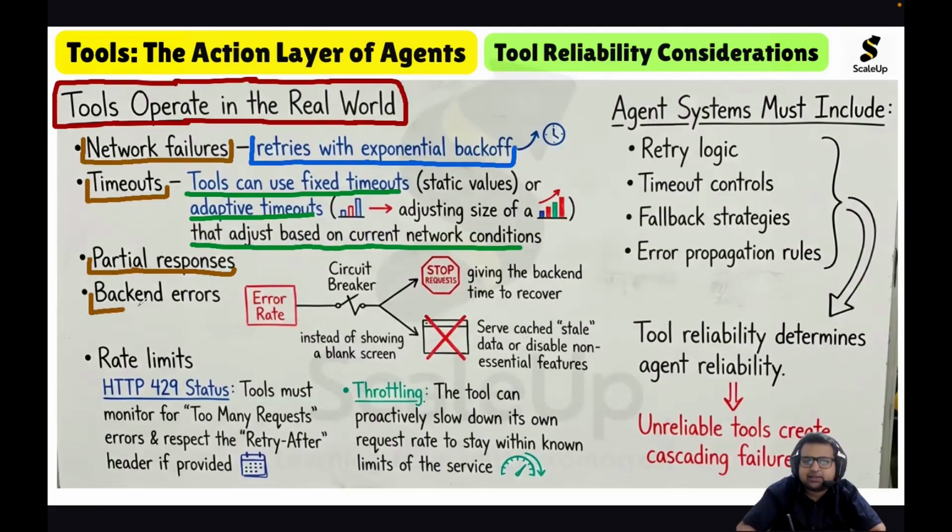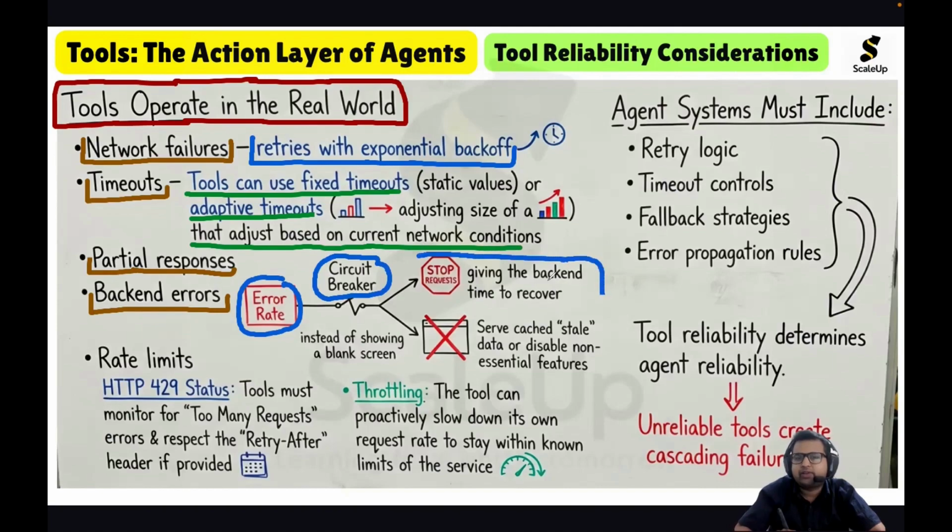Backend errors. Any error in the backend, like the APIs or any other system call, tools must be able to handle it. If the error rate exceeds a certain limit, the tool trips a circuit breaker to stop sending requests immediately, giving the backend time to recover.